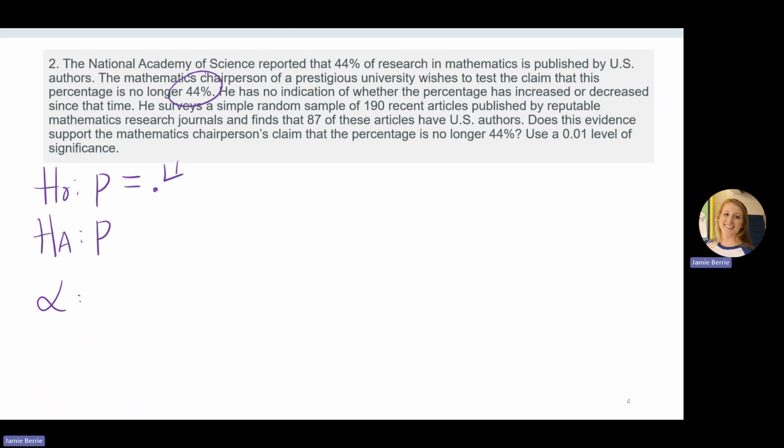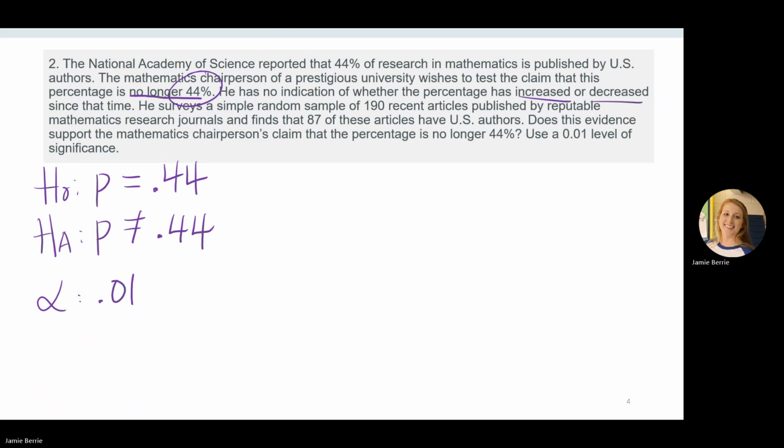And the value that's currently believed to be true is 44% or 0.44. And this mathematics chairperson believes that it's no longer 44. He doesn't know if it's increased or decreased, so they don't know if it's lower or higher. They just think it's not 44% for whatever reason. All right, and then our alpha level, they said 0.01.